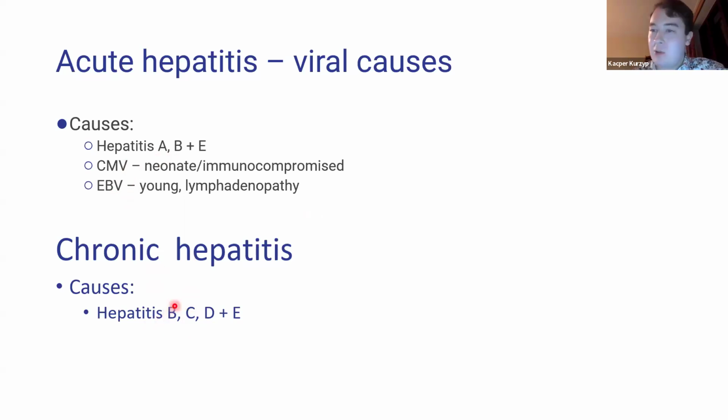In particular, if you are a kid that's infected with Hep B, you will likely develop chronic hepatitis. Hepatitis D can co-infect with B and make it worse. And hepatitis E, in rare cases, in immunocompromised people, can also become chronic, but it's very rare, and it's better to just think about it as acute unless the question is really pushing you towards it.